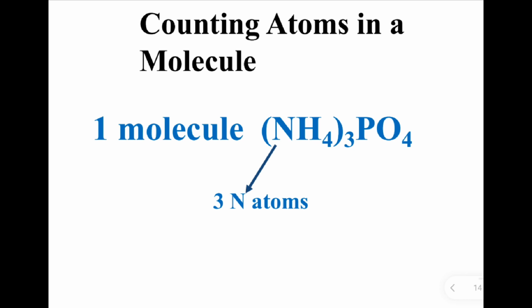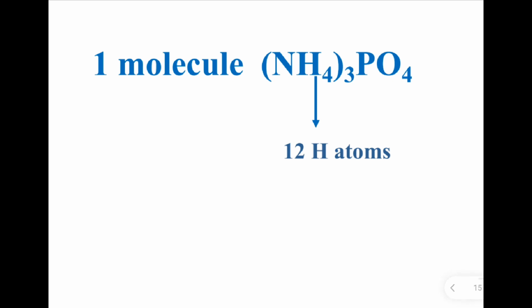Counting atoms in a molecule. So in a molecule of ammonium phosphate, how many atoms of nitrogen are there? 3 moles of nitrogen atoms. In a molecule of ammonium phosphate, how many moles of hydrogen do we have? 3 times 4, 12 moles of hydrogen atoms are present.